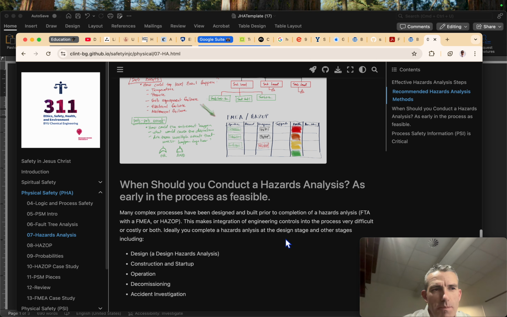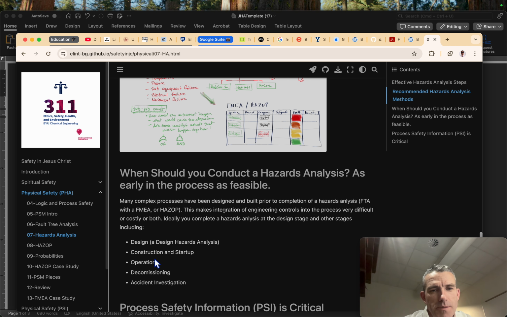They're protected through that engineering control. It's more costly and can be more complex after you've completed the design and built it, rather than completing an initial design hazards analysis and integrating those engineering controls into the design. It's much better that way, and completing hazards analysis at other steps as well, in terms of startup and operation, of course.